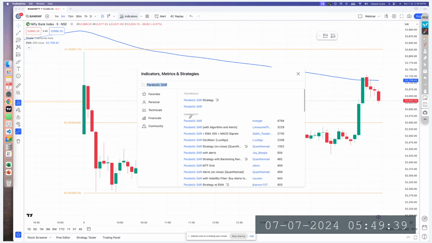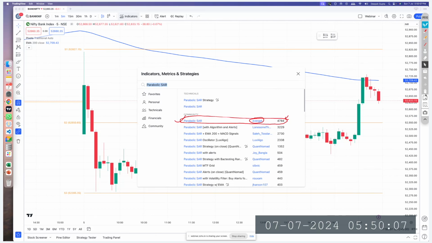And this is the one that we are going to apply. Parabolic SAR built by this developer, Everget. And it shows how many people are using this script at this moment. So there are more than 4,500 people who are using this actively on their chart.